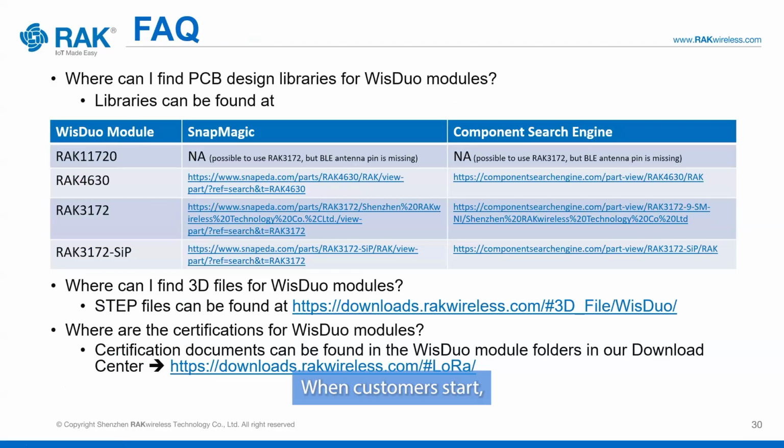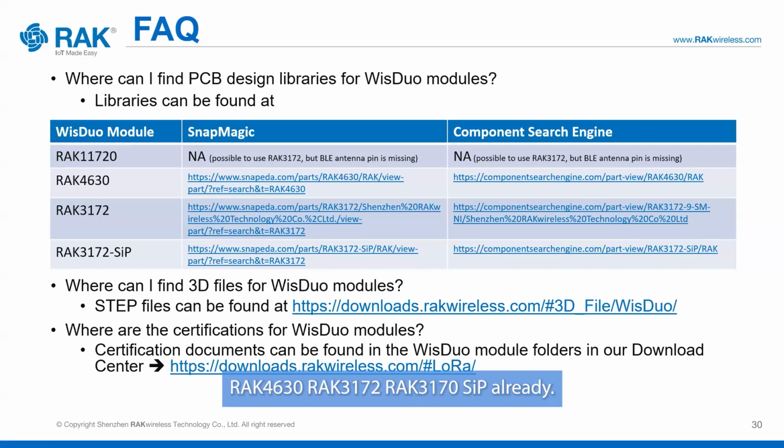A very common question when customers start creating their own PCB is, where can I find PCB design libraries for the WisDuo modules? We decided we don't want to step into this ourselves because there are so many different PCB development tools outside. We cannot really provide a PCB library for each and all of them. So instead, we are using available services like SnapMagic and the Component Search Engine, and they provide the PCB design libraries for our stamp modules, the 4630, 3172, and 3172 zip already.